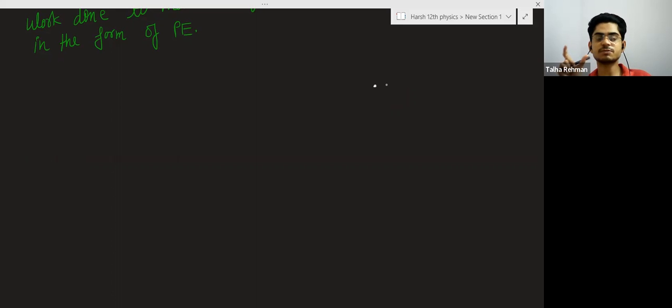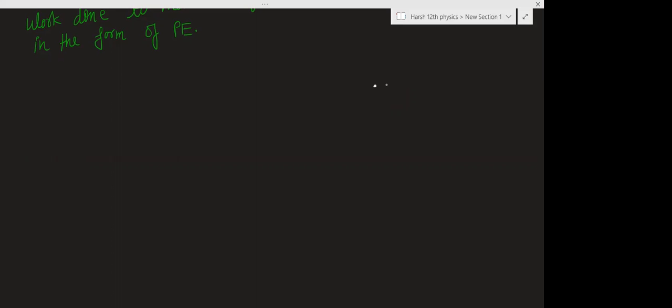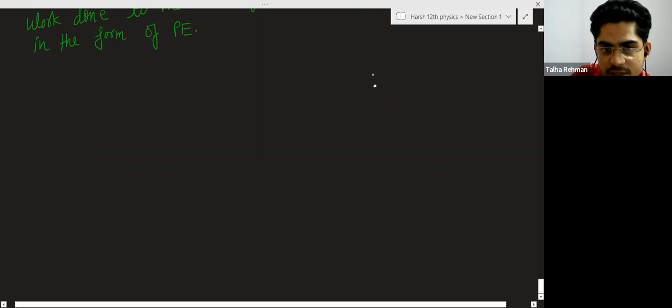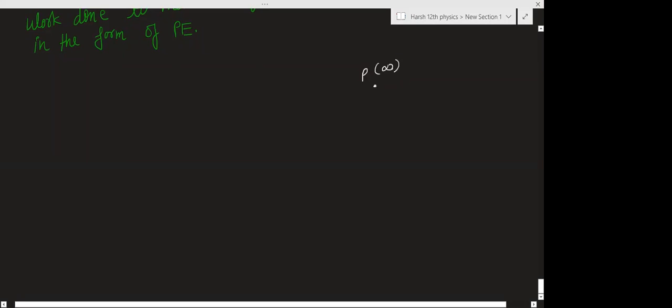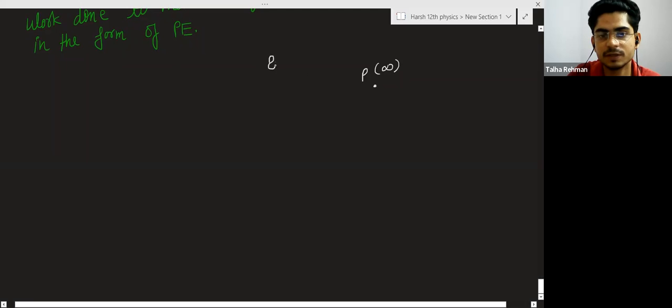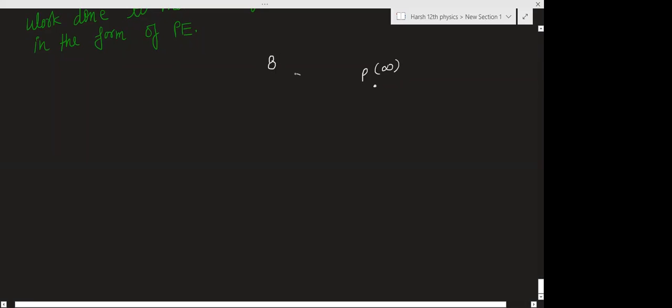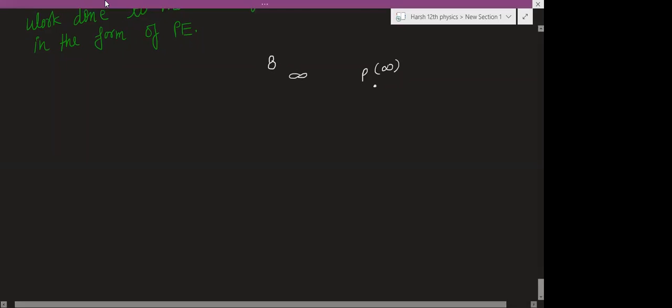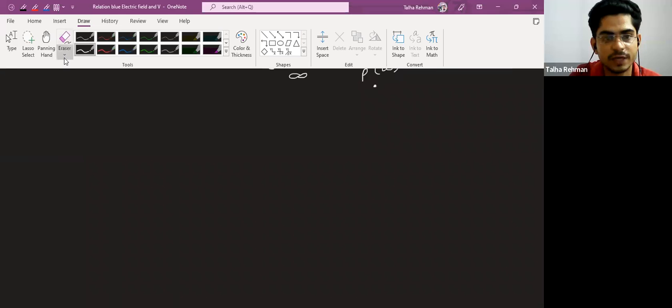If the distance between these two charges is 3 mm, then 3 kilometer from the center of these charges can be considered as infinity in physics. This position P is at infinity. This is the sign of infinity, like this.